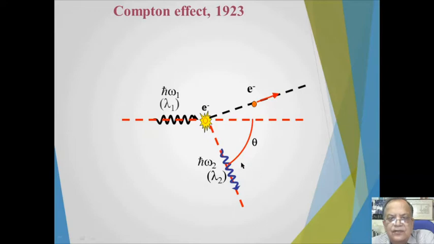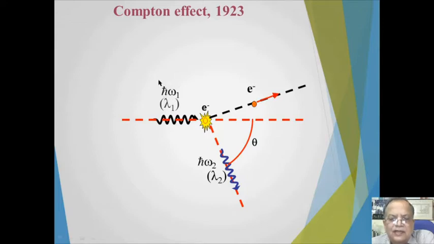In the case of Compton scattering, what Compton did was assume that the electron is free and at rest. The photon comes like this, the scattered photon goes like this, and the electron is recoiled in a particular direction. The incident photon has energy h cross omega 1. You see, this is h nu, and h cross is equal to h upon 2 pi.